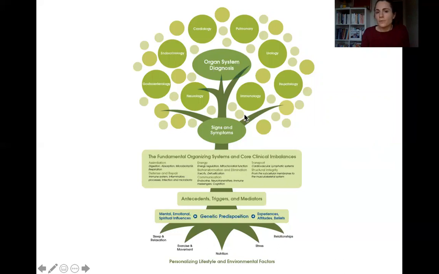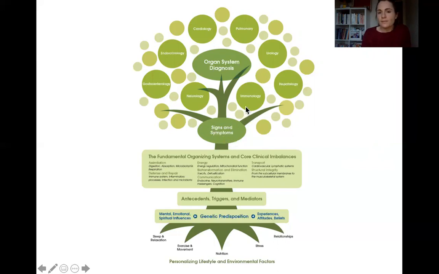It's called the functional medicine tree, and you can see here all the different systems of medicine in a sense: gastroenterology, endocrinology, cardiology, which within mainstream healthcare all work as independent units.